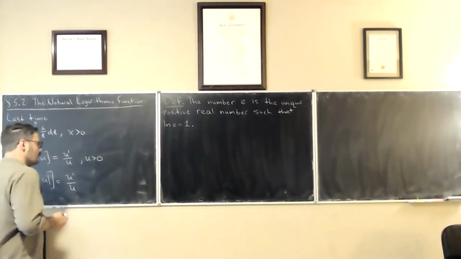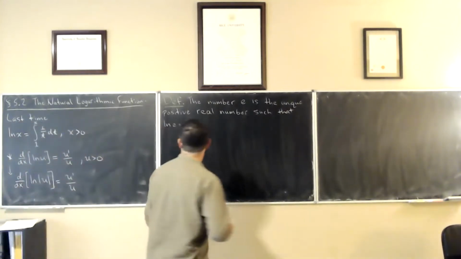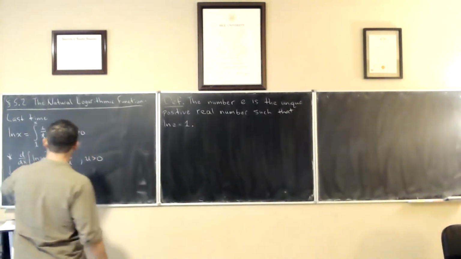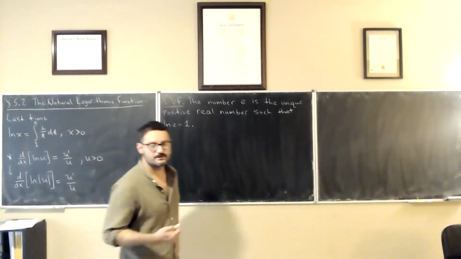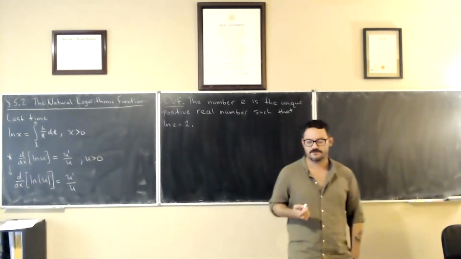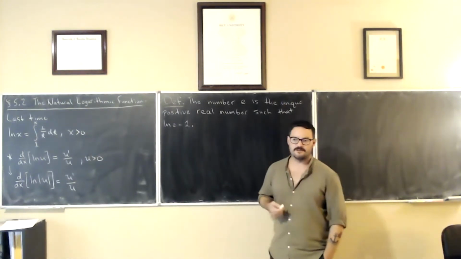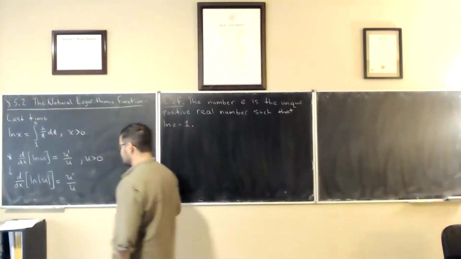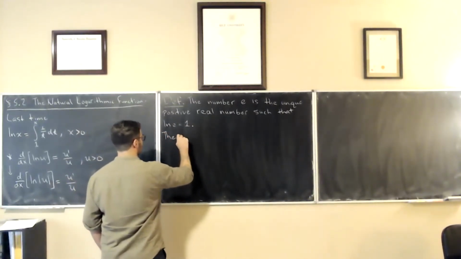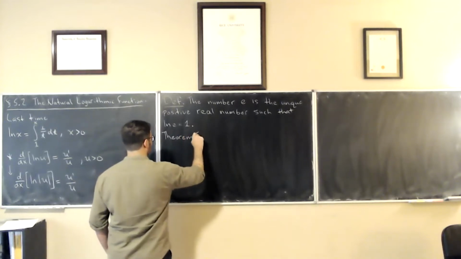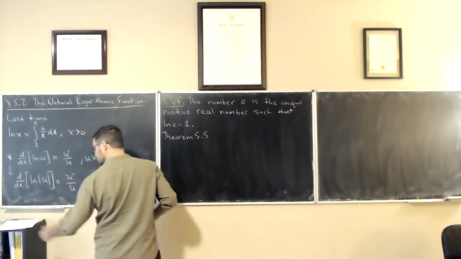So in this lecture, we're going to move from derivatives of the natural logarithm to integrals of the natural logarithm. So these will be indefinite and definite integrals. In order to do that, we need the following theorem. I think this is theorem 5.5 in your textbook.